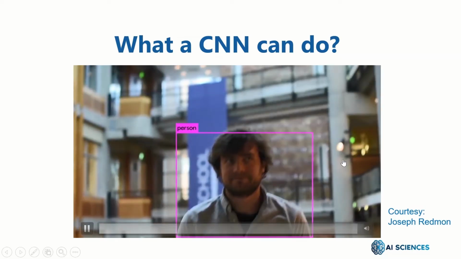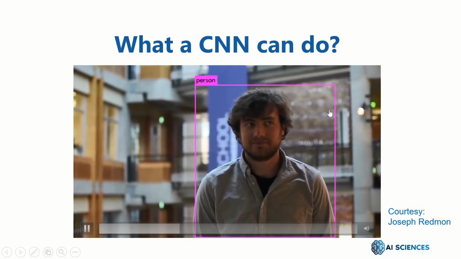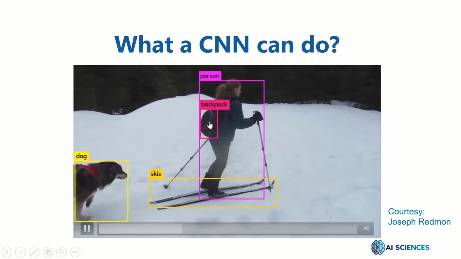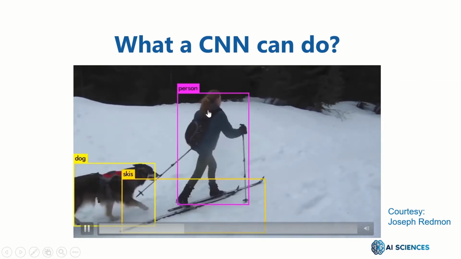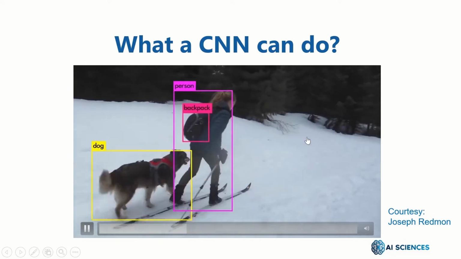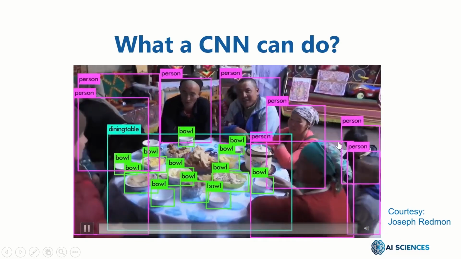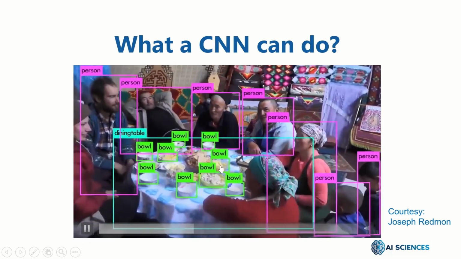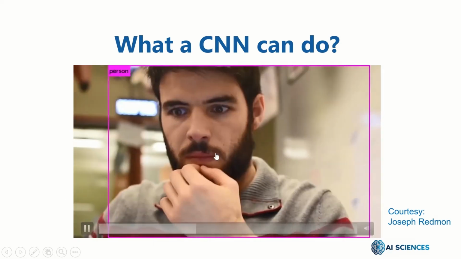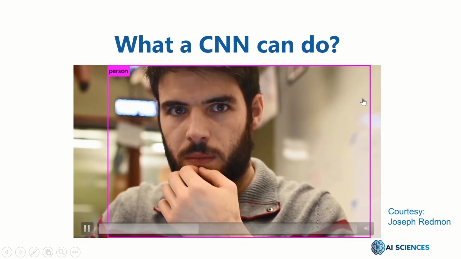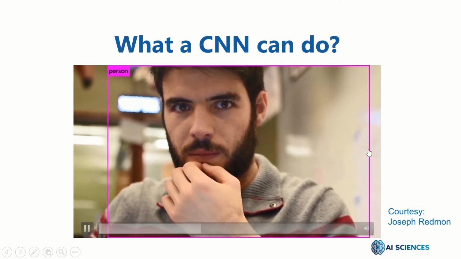See the scale of this person in the image. And it is also detecting the bag, the backpack. Wow. And the skis as well. Oh, it is detecting the bowls. Oh my god. See the scale of this person and the expression.